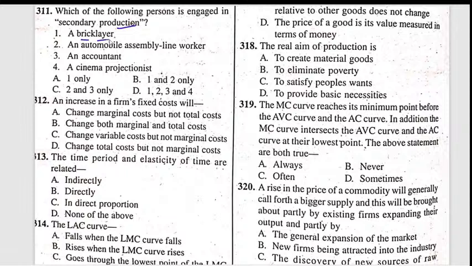A bricklayer who is laying bricks is obviously in secondary production. An automobile assembly line worker is in secondary production. An accountant is in the service sector. A cinema projectionist is also in the service sector. So the correct option will be 1 and 2. Option B is correct. Moving to question number 312.